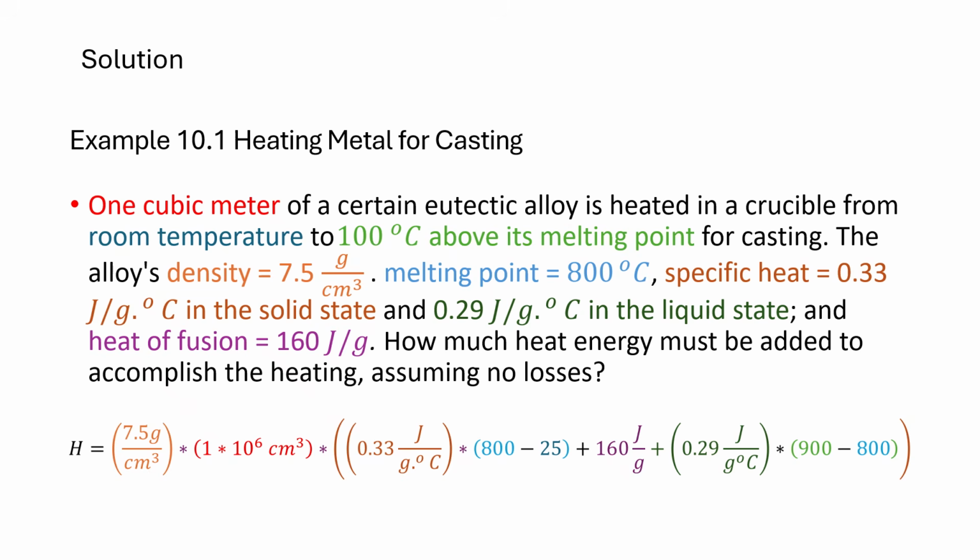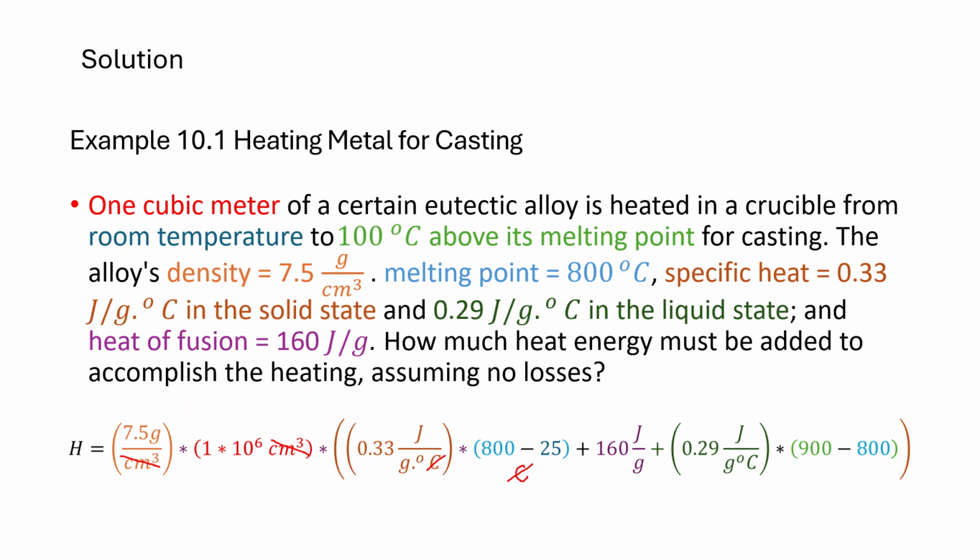So if I use my pen here, I'm going to cancel the cubic centimeters with the cubic centimeters. Here we have joule per gram degree, and here we have degree, so the degree cancels with the degree.